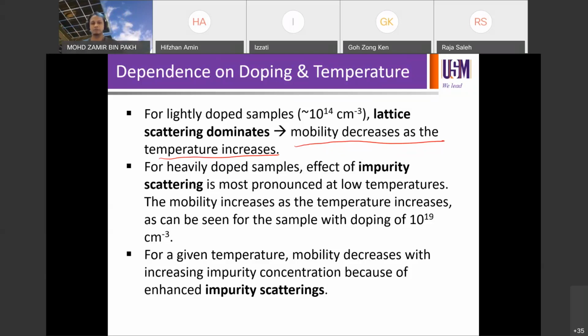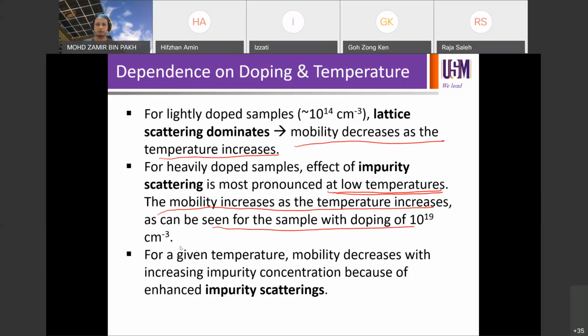However, this impurity scattering introduced by the dopants will be more pronounced at low temperatures, where you don't have significant lattice vibration. Okay, at that particular point, kalau you heavily dope your silicon, then the impurity scattering will dominate, will determine the mobility of your carriers. The mobility increases as the temperature increases, as can be seen for a sample with doping of 10^19.